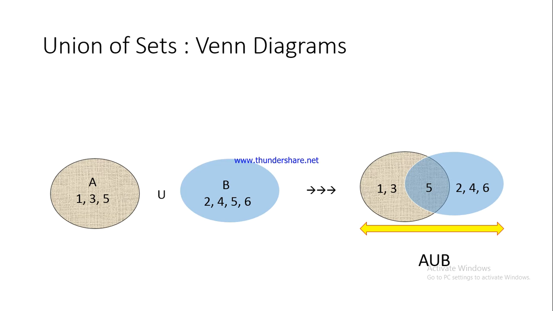The common element was 5. Okay, and A union B is the figure in the totality, which means the overlapping area plus the two circles. This is basically A union B, and we have shown the extent of A union B using this yellowish double-headed arrow.